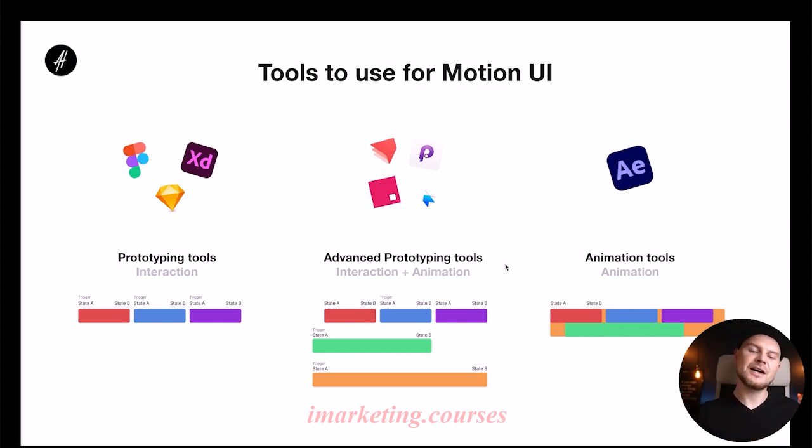In the more advanced prototyping tools like Principle, in this case, I would say that Principle is the easiest tool to learn, but the most powerful one. In this type of category of tools, you can create animation inside of something. When you're interacting with a website, for example, you can put some animation on top of it.